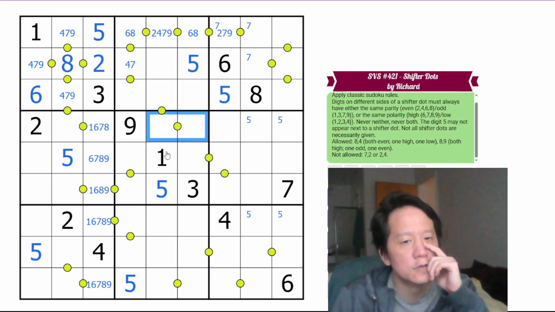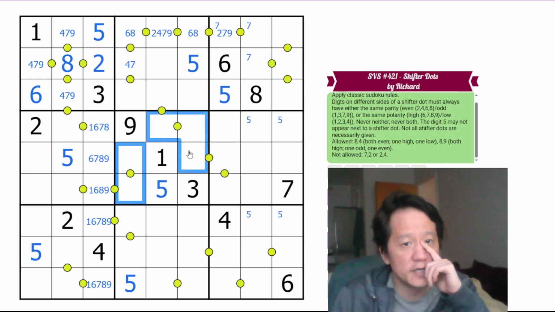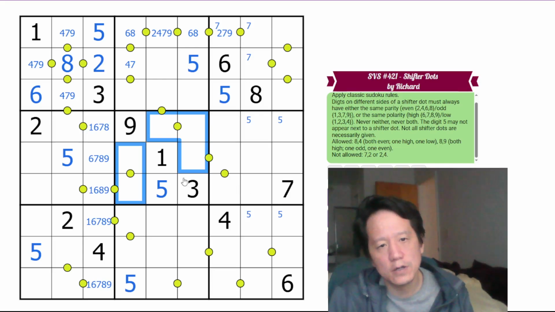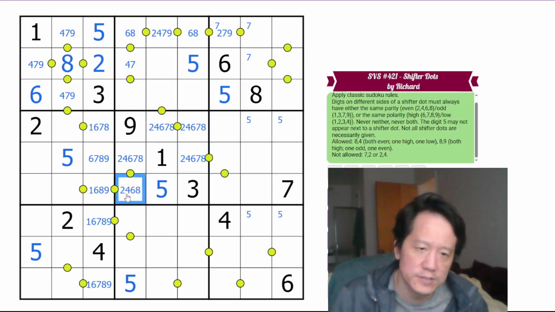Interesting. So the remaining digits in box 4 are 2, 4, 6, 7, and 8, but this can't be 7. Therefore, this is an even no matter what.